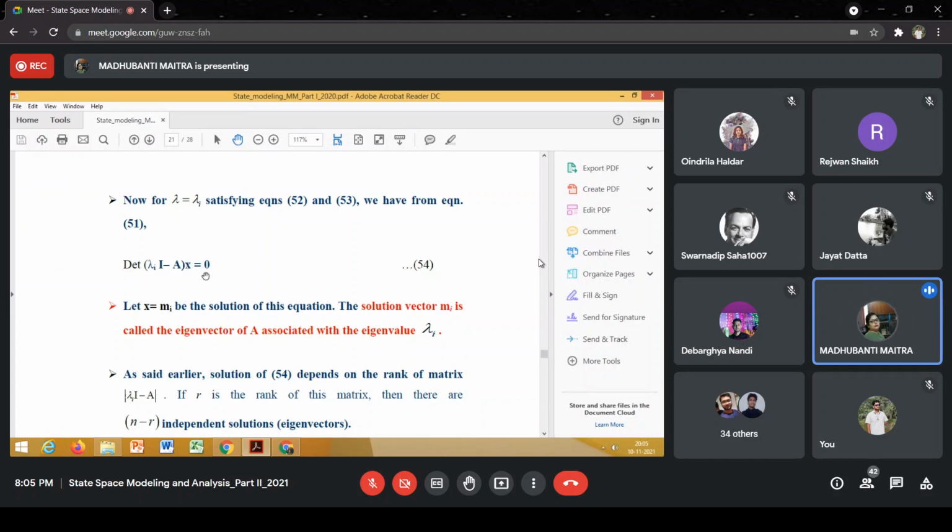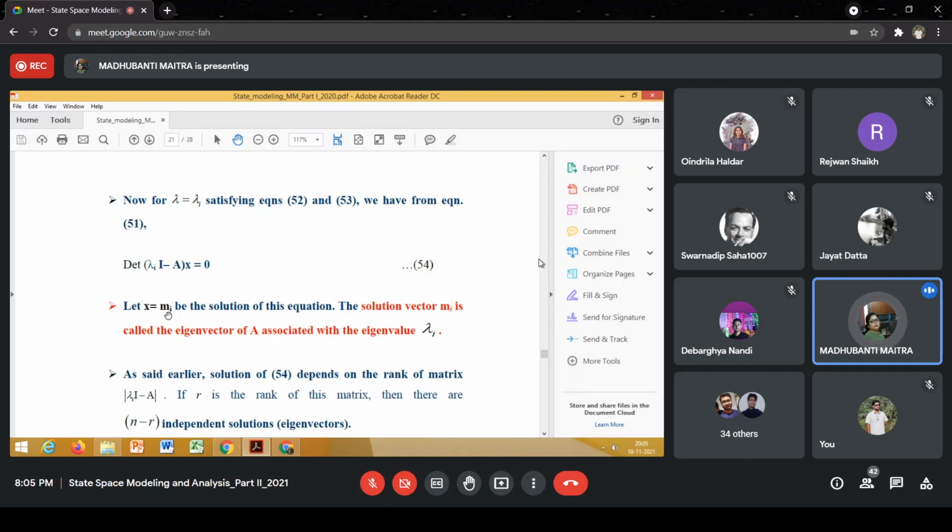If you try to solve this set of n number of homogeneous equations, we'll get a solution vector x having n number of components m1, m2, m3. And in a composite form, we denote that particular solution vector as mi.